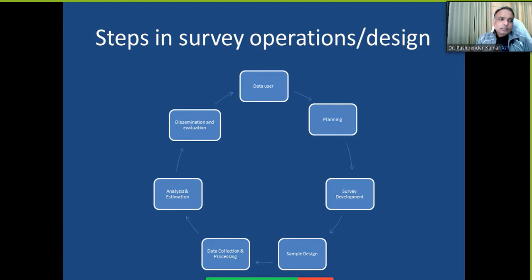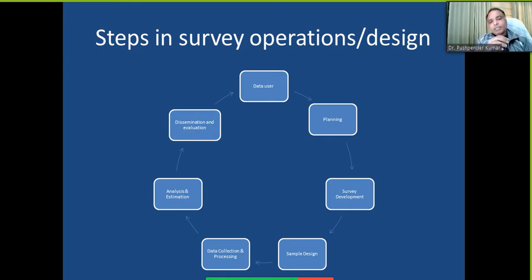For example, in an organization there is an issue that employee turnover is very high, and as a manager, as a GM or HR manager, I want to collect information from all employees about what persuades them to leave the organization. So I am the data user. Whatever data I collect, I will use to make a policy so that employee turnover would be low in the organization. Then we have to plan how to go about it.